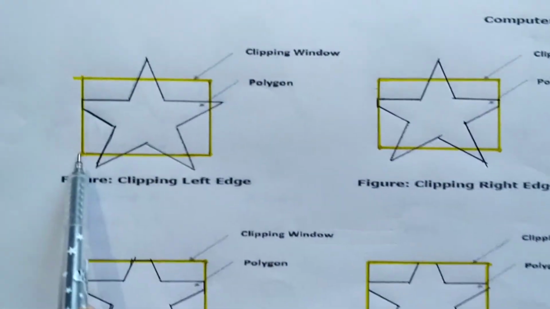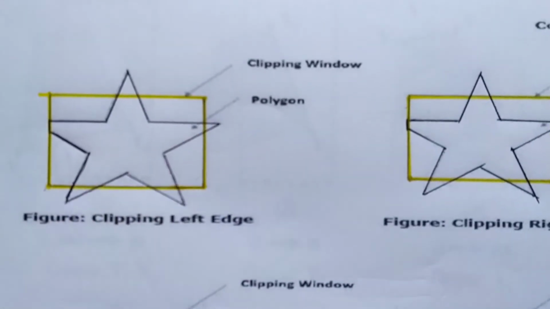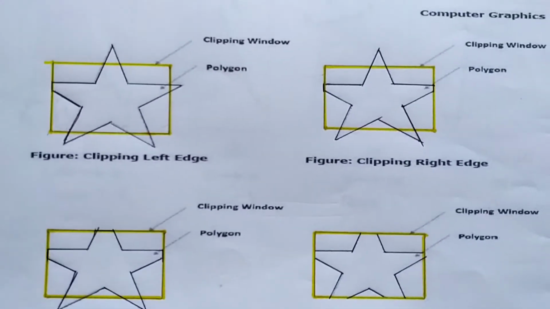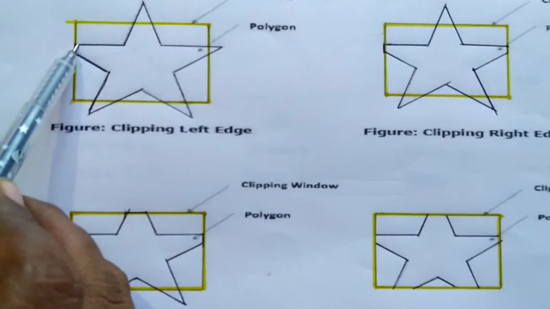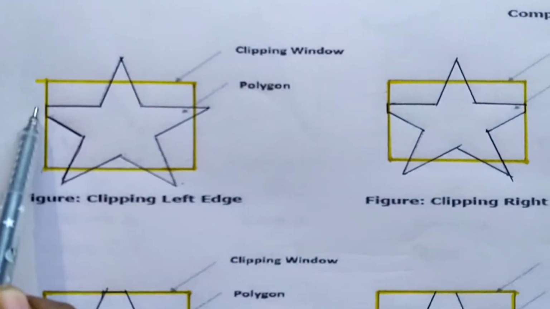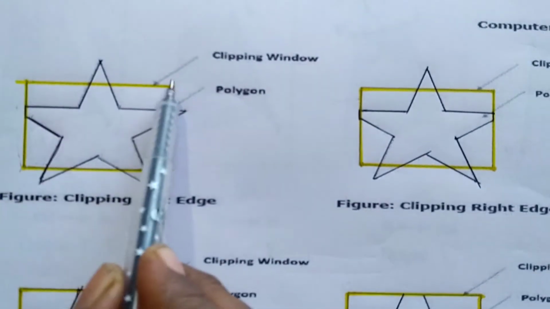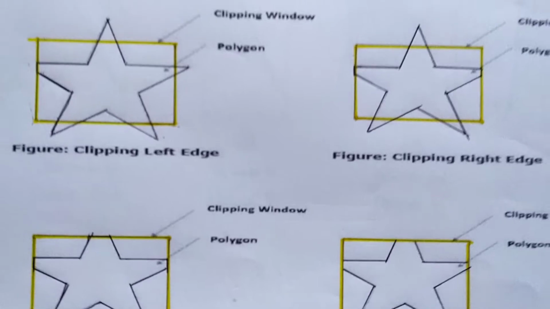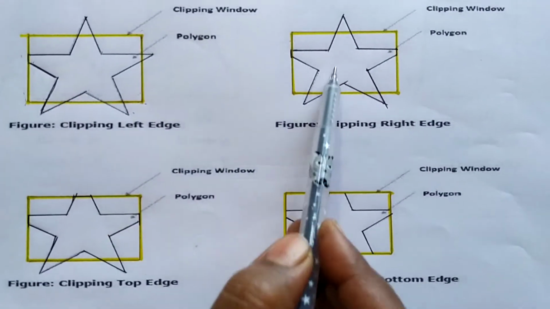Suppose this is the clipping window, and the star symbol is the polygon, right? All these vertices, we need to clip against this clipping window. That is the meaning of the polygon clipping algorithm. To perform this kind of clipping, we need to follow 4 steps here.